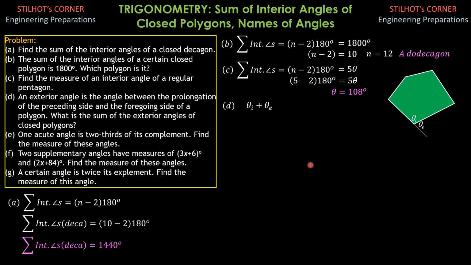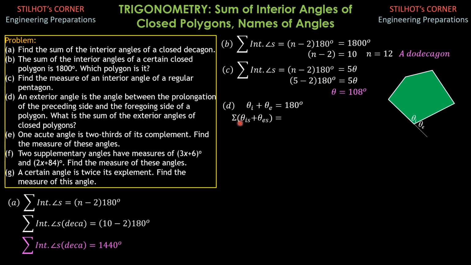Therefore, if we sum up the interior angles and the exterior angles, since there are n corners, the sum of the interior angles plus the sum of the exterior angles is n times 180 degrees, because at each corner, the sum of the interior and exterior angles is 180 degrees.